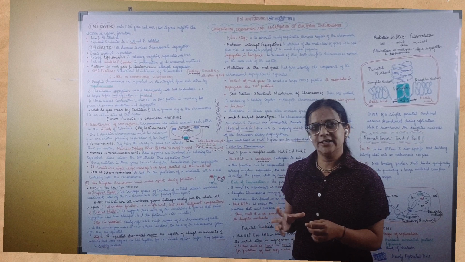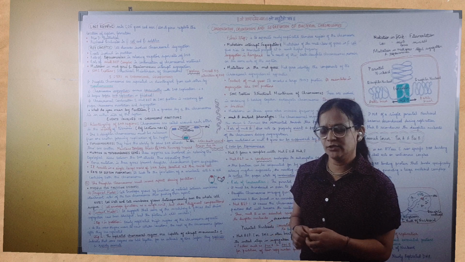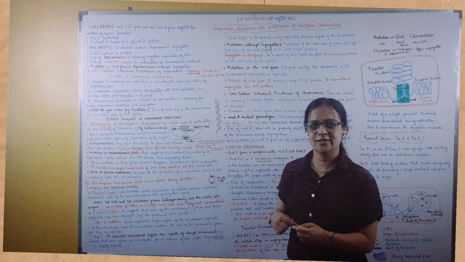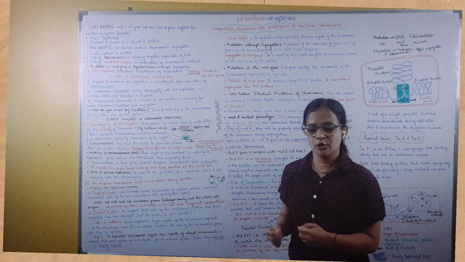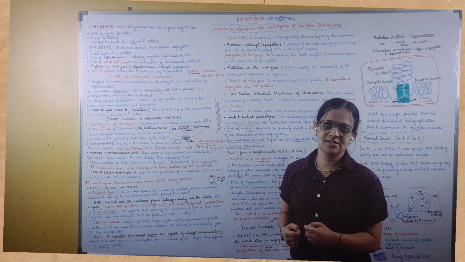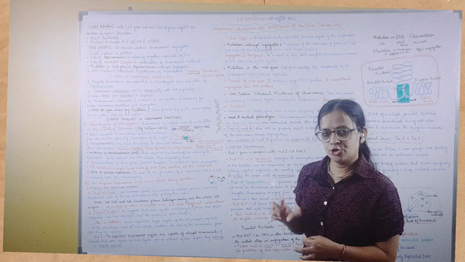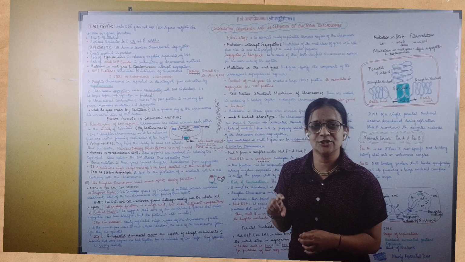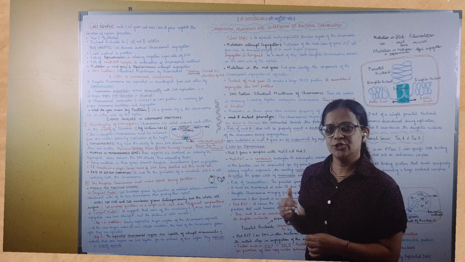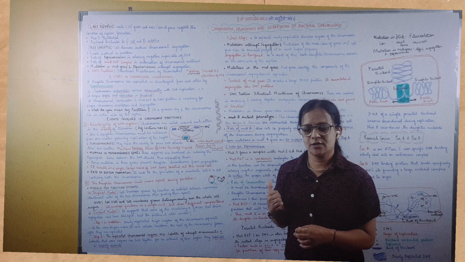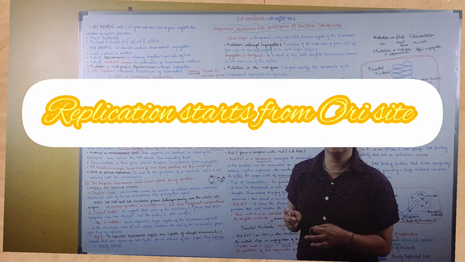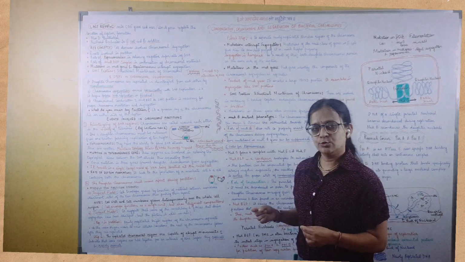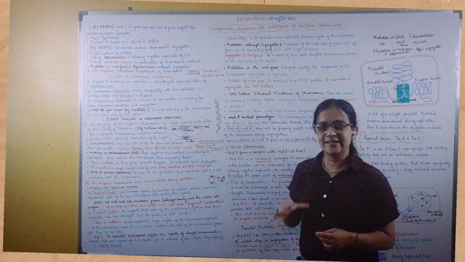Now, the entire DNA strands are not separated. We know that the ori site is the site where there is origin of replication. From there, the replication will start. So the region where the ori site is located, from that region the replication will start. So that portion should be unwound. Unwinding of the two DNA strands does not occur entirely.